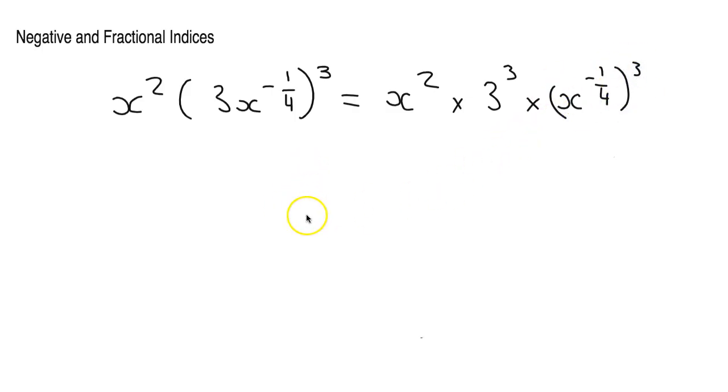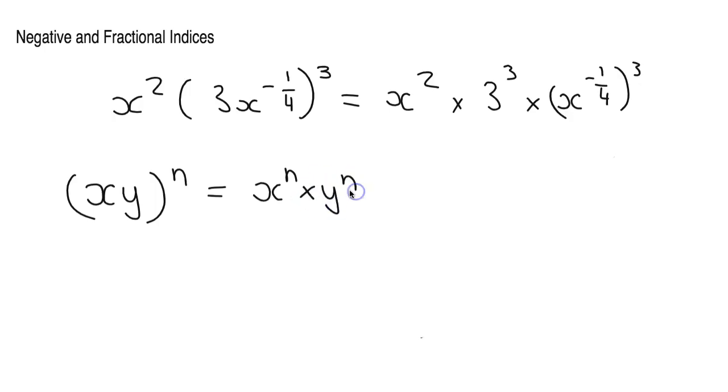So that is a rule that we came across in our first session, which is essentially saying that, let's say xy to the power of n, that's the same as x to the n times y to the n. So you're allowed to do that.